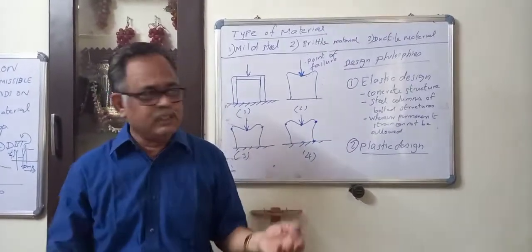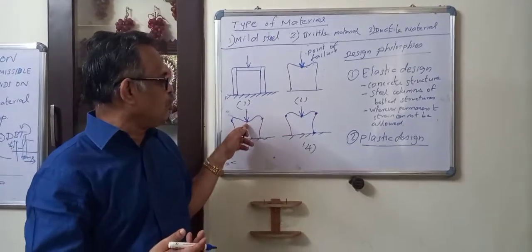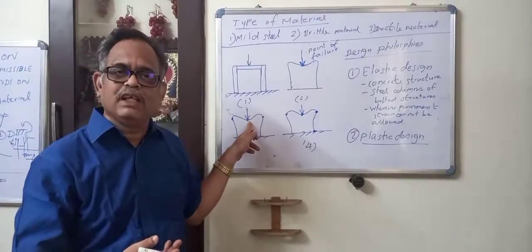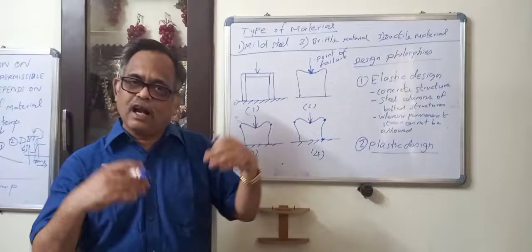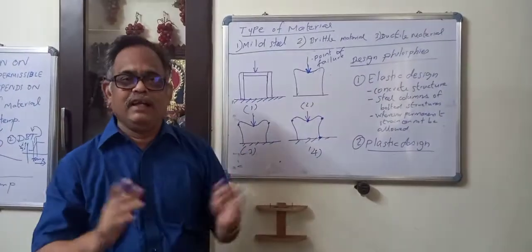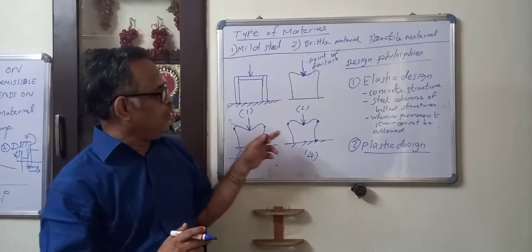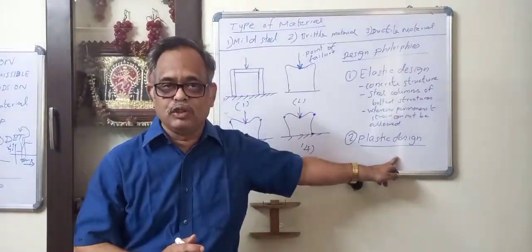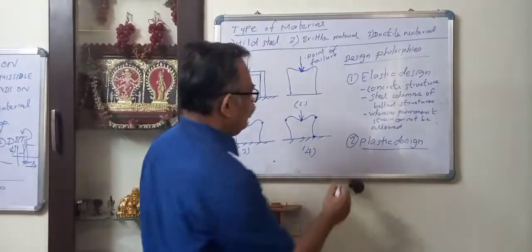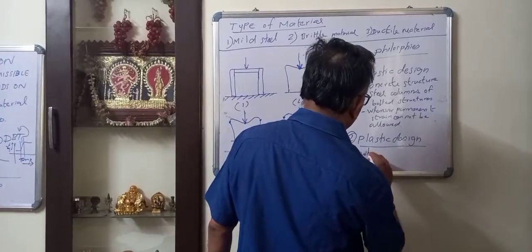When we design like that, if the plastic deformation can be allowable, then we can allow the plastic deformation, and yet the structure will serve the purpose. And the plastic design is possible. This is done for economy.